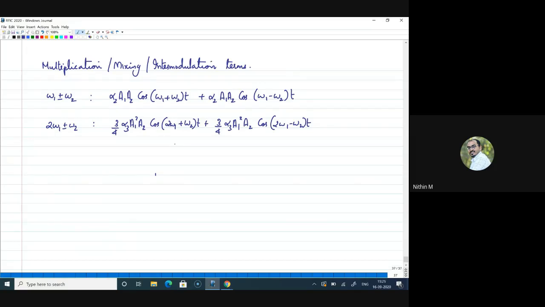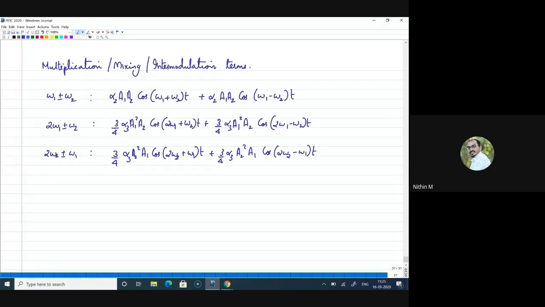So it is 2 omega 1 minus omega 2, right? Similarly, I can write one more term here. It is 2 omega 2 plus or minus omega 1, which also will result in the same product, but with a small change in the amplitude value. It is 3 by 4 alpha 3 a2 square a1 cos 2 omega 2 plus omega 1 into t and 3 by 4 alpha 3 a2 square a1 cos 2 omega 2 minus omega 1 into t, right?